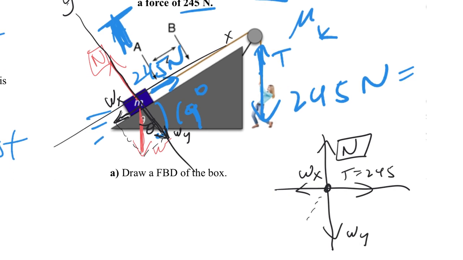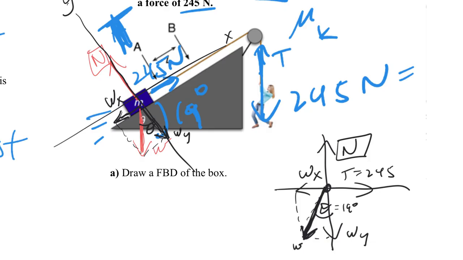Well, I'll draw it anyway. The W is right there. So this angle between the y-axis and the weight is the ramp angle. That's 19 degrees.